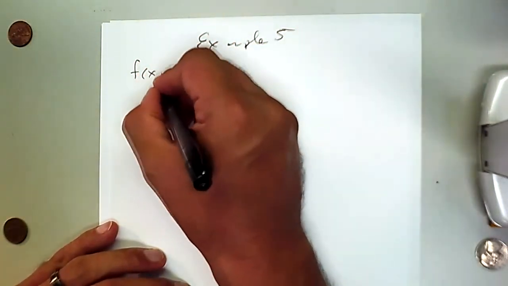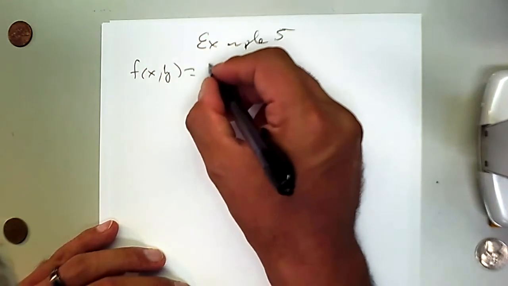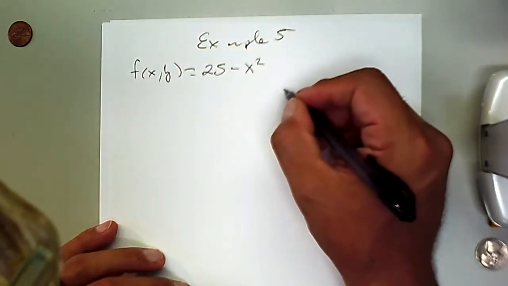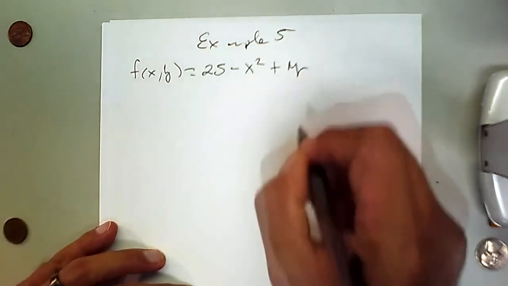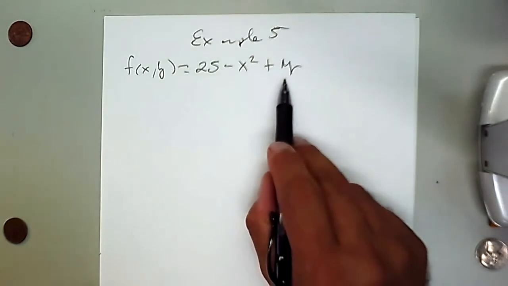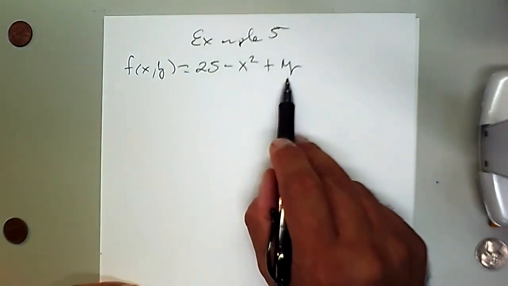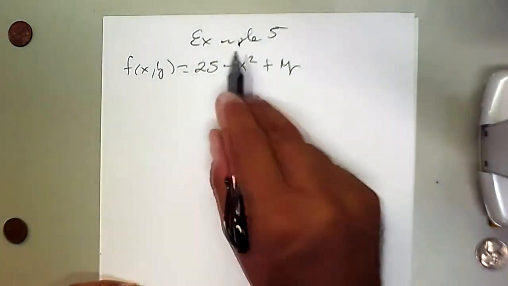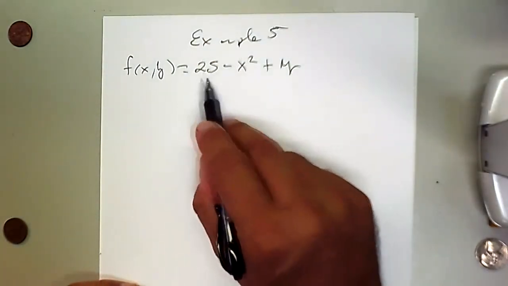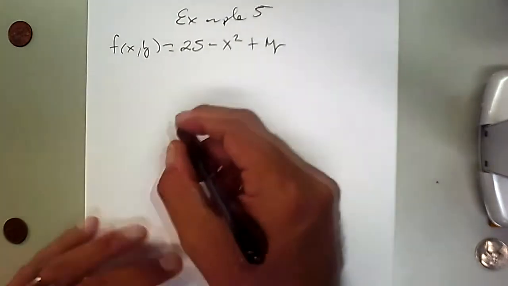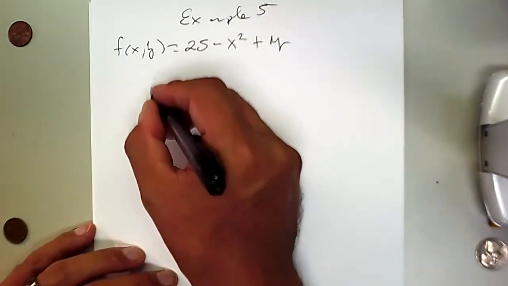Say f of x, y is 25 minus x squared plus y. Okay, so y is a straight line, a diagonal 45-degree angle line. This guy is a parabola opening down. So I really like the picture of this.